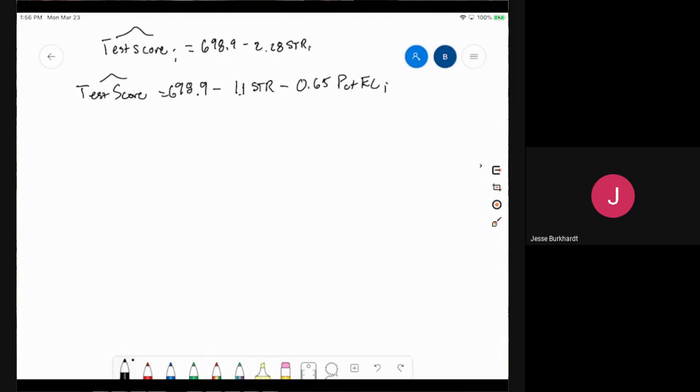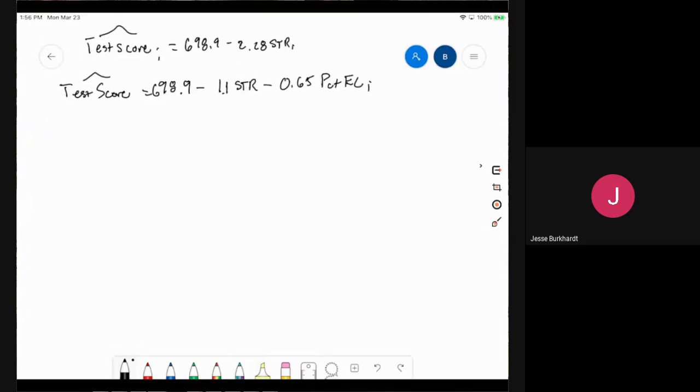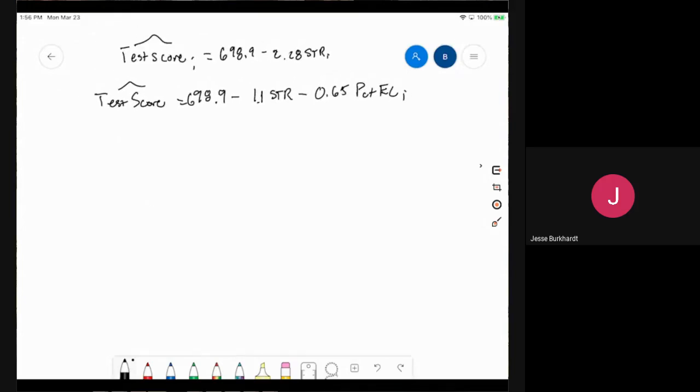All right, we left off on omitted variable bias. Let's pick up there. Omitted variable bias is when we have a variable that's left out of our regression, contained in the error term u_i, and it's also correlated with the included regressor, in this case student-teacher ratios.